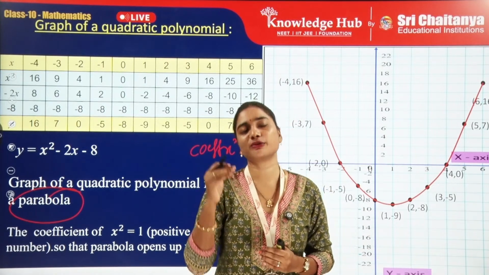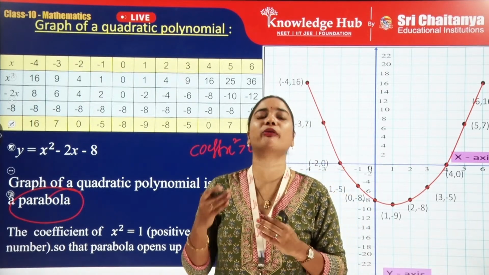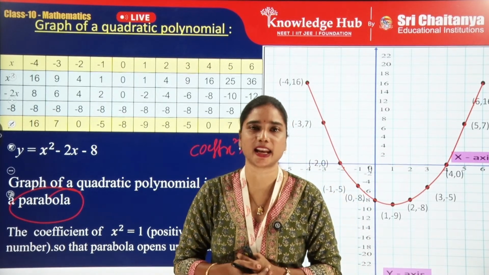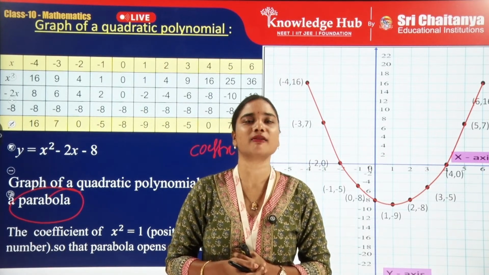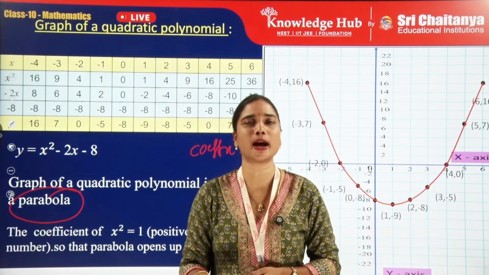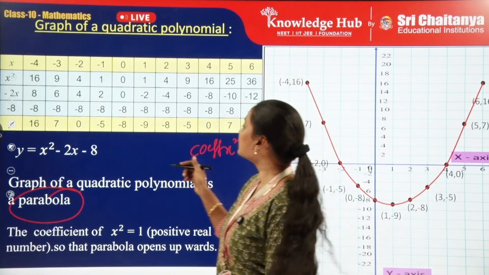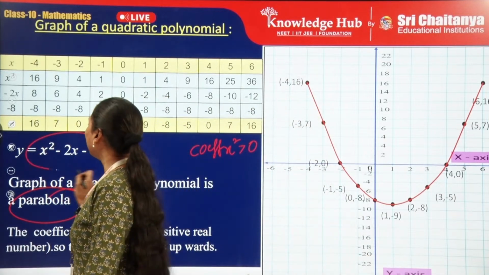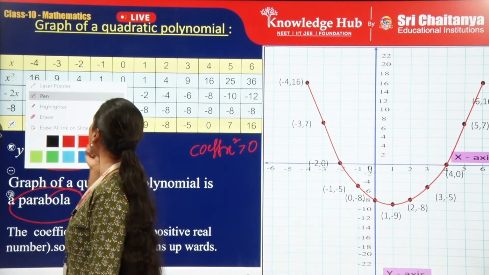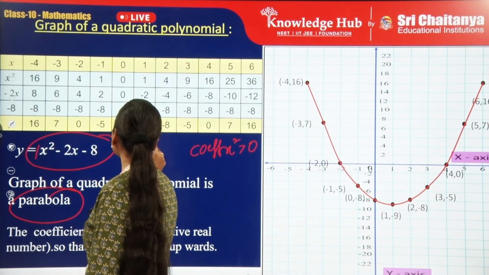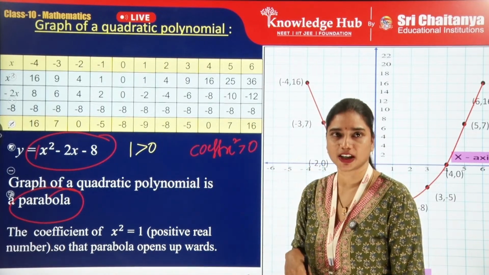This is a very important bit in the MCQ paper. See, in our given polynomial, the coefficient of x square is 1, which is more than 0. So that's why the parabola opens upward.